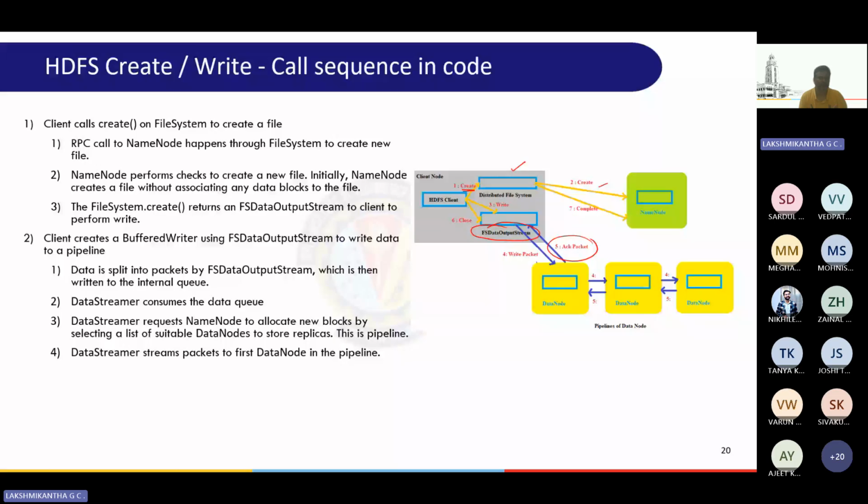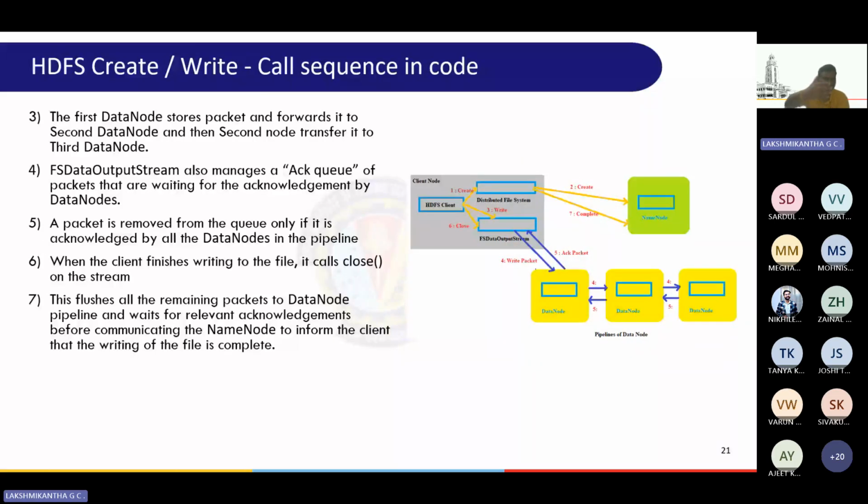The packets are going to be stored in the data nodes. Once the split packets are stored in all the data nodes, then it will receive what? Acknowledgement back, and it will get to know, yes, this is done successfully. That's all. Very simple, guys. That is about the write call sequence. The same thing I have explained here, with 7 different steps, so you can go through this one by one.